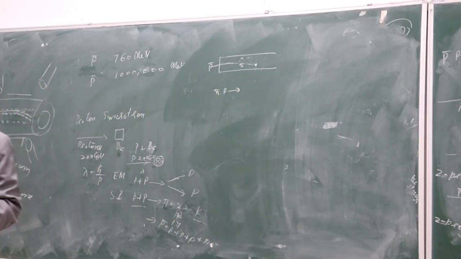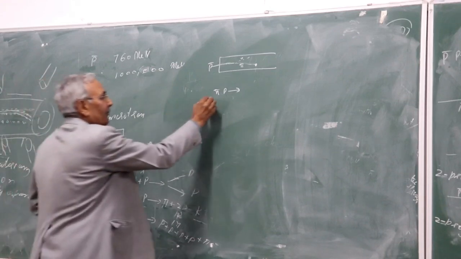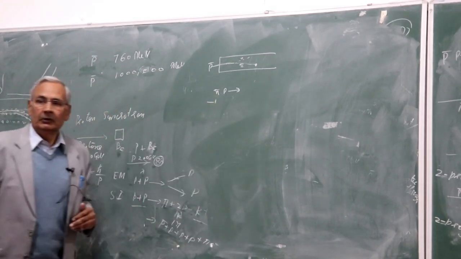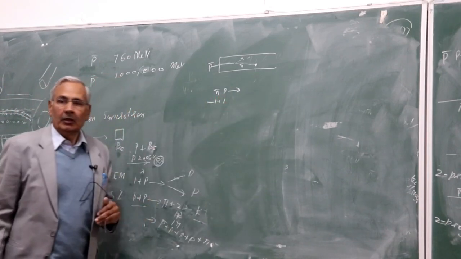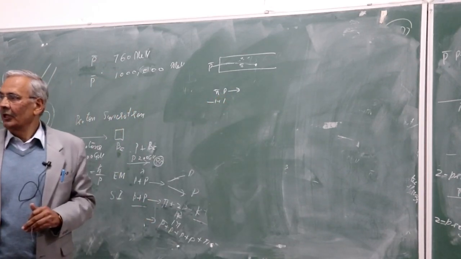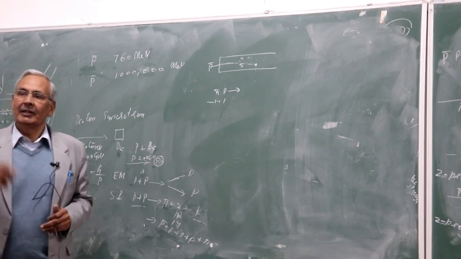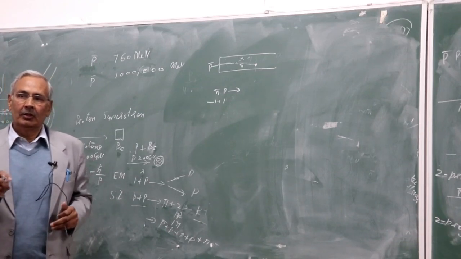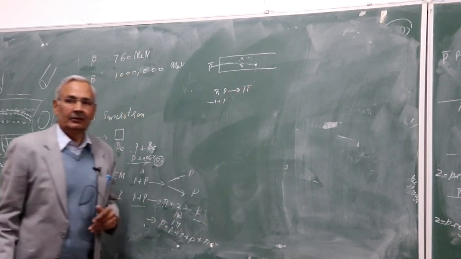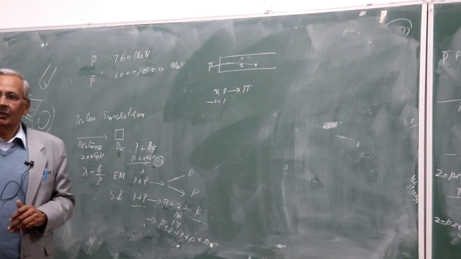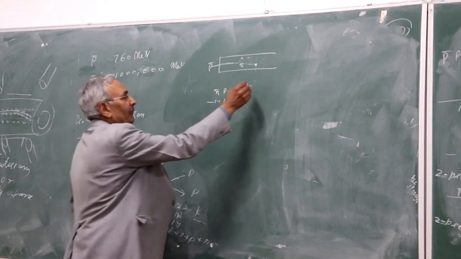Now the baryon number for n bar is -1, plus 1 for the proton, so the baryon number is 0. That means you don't require a baryon in the final state. So pions would be created. Charge has to be conserved, so only one positive.